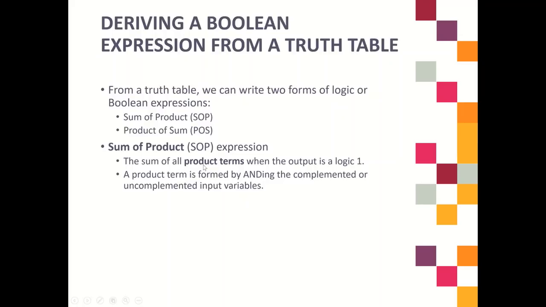So what is meant by product terms? A product term is formed by ANDing the complemented or uncomplemented input variables. So this is how you get your product terms. You need to AND the variables, where each variable is either complemented or uncomplemented.